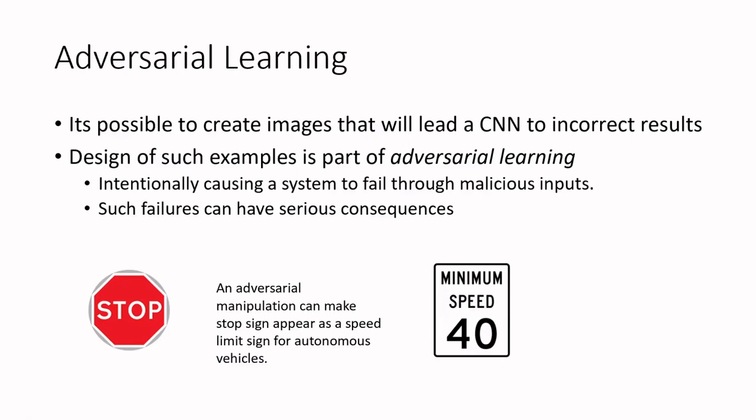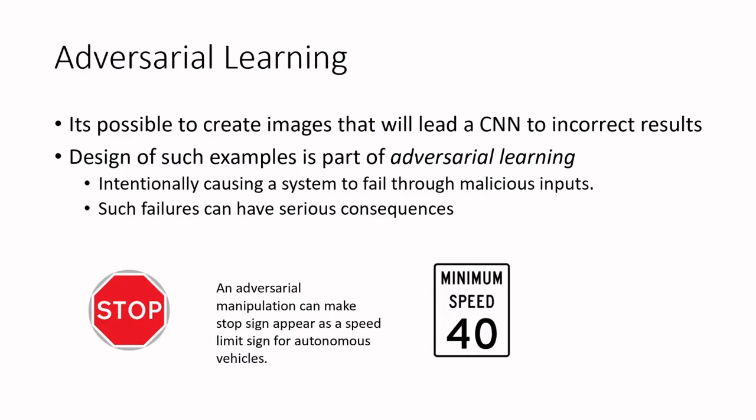Later on, when we talk about generative adversarial networks, we'll come back to the idea of adversarial learning. So basically, what we are trying to do here is to intentionally create examples that will cause a system to fail. In a way, we are trying to poison the input so that the system will fail.